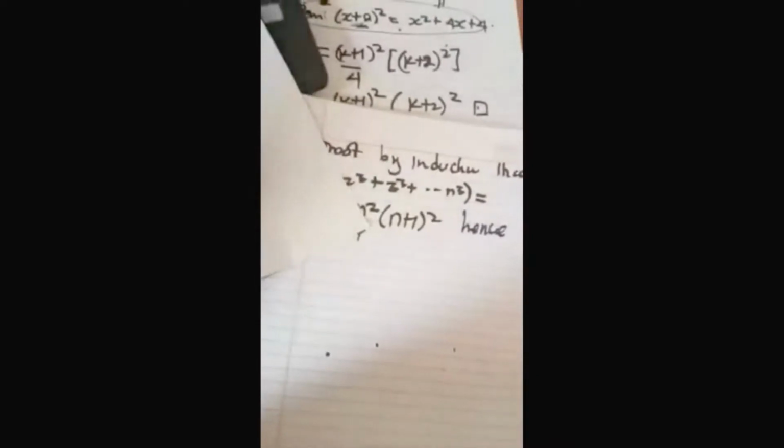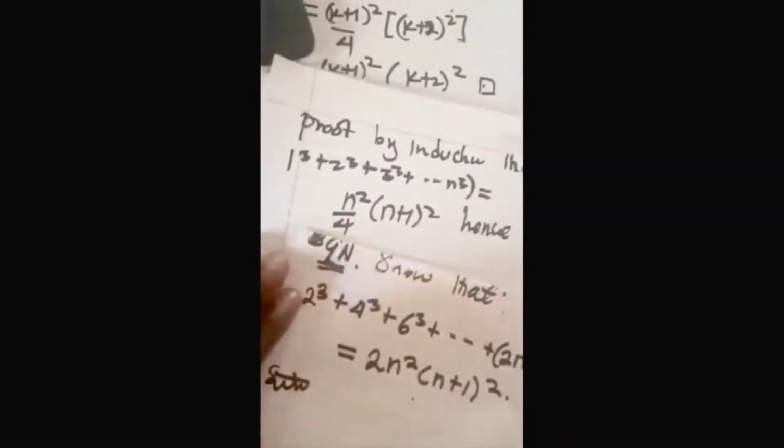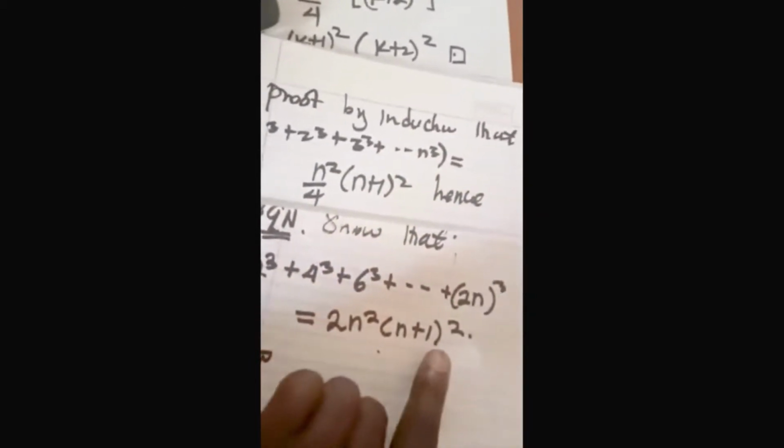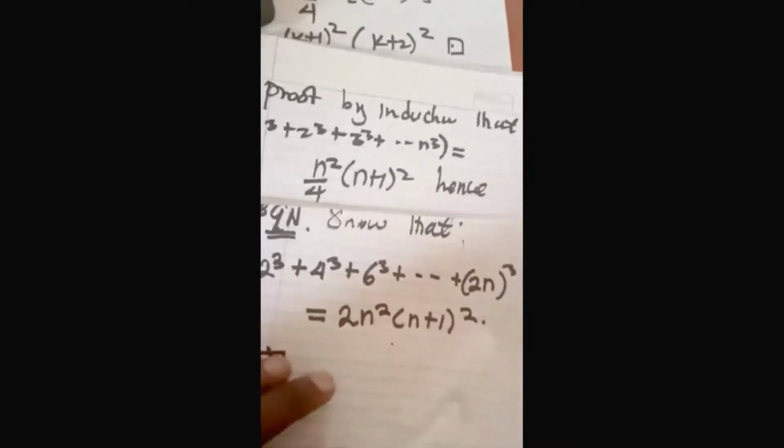Hence, show that this question here is true. That's how the good question can be set. Prove by induction that this is true. Hence, you show that this is equal to this.